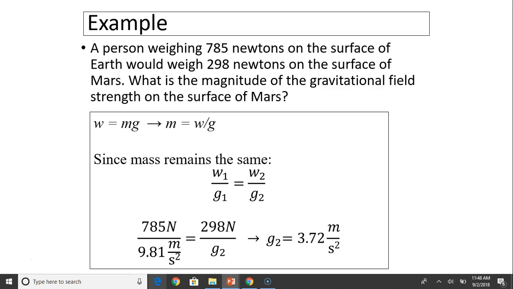Since mass remains the same, the mass on Earth equals the mass on Mars. Mass on Earth is 785 divided by 9.81. Mass on Mars is 298 divided by g, the gravitational acceleration on Mars. So you can solve: the gravitational acceleration on Mars is 3.72. That's it for today.